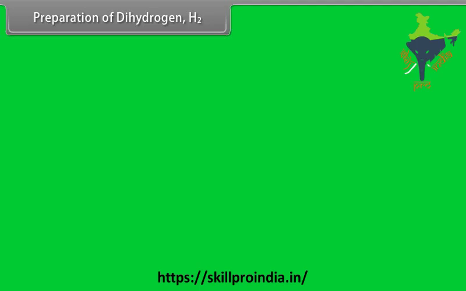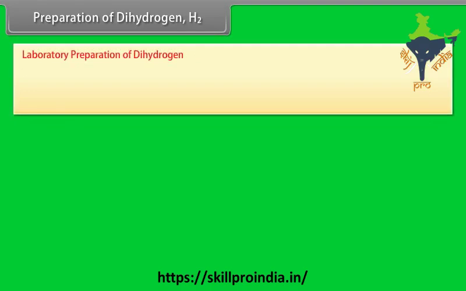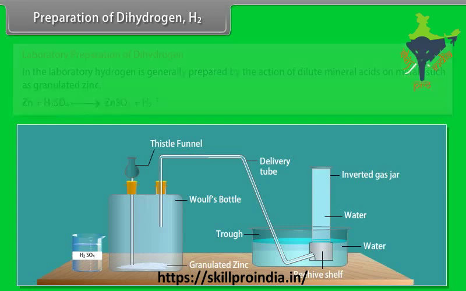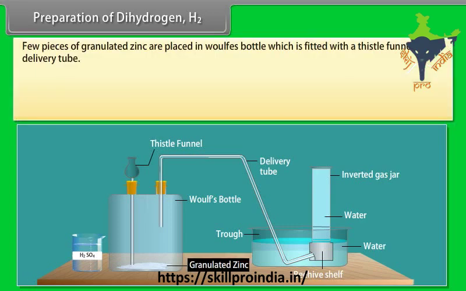Preparation of dihydrogen, H2. Laboratory preparation of dihydrogen. In the laboratory, hydrogen is generally prepared by the action of dilute mineral acids on metals such as granulated zinc. Few pieces of granulated zinc are placed in Woulfe's bottle, which is fitted with a thistle funnel and a delivery tube.